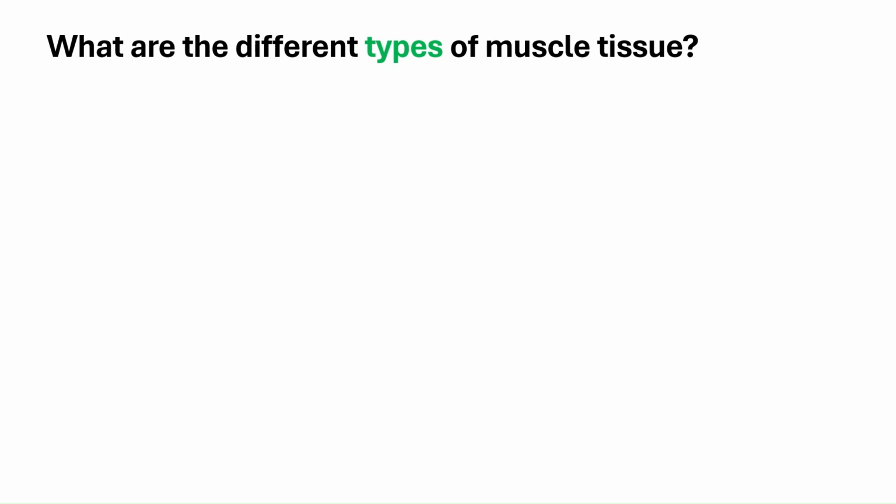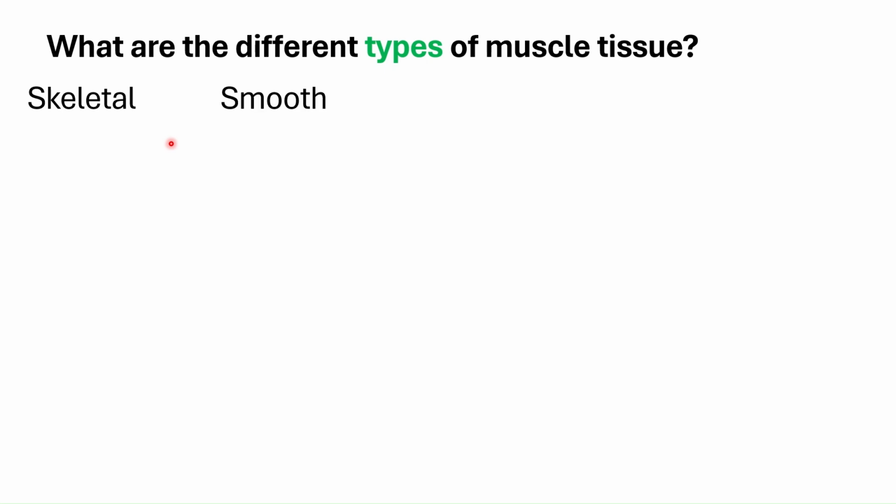So we have three types. The first type will be your skeletal or your voluntary type of muscle tissue. Your skeletal type of muscle tissue is usually the one that is found connected to our bones. And its main purpose is to assist us in posture and in doing our voluntary movements and other fine movements. The key point is, skeletal muscles usually need conscious control in order to contract or relax.